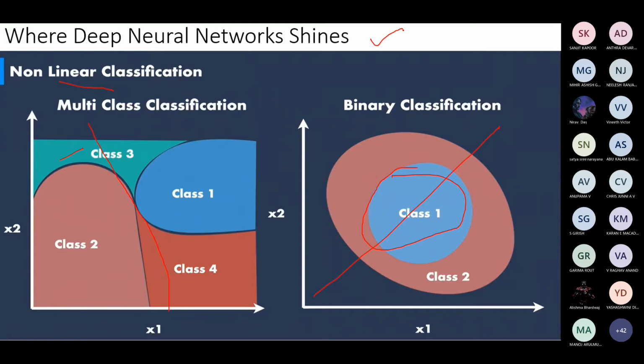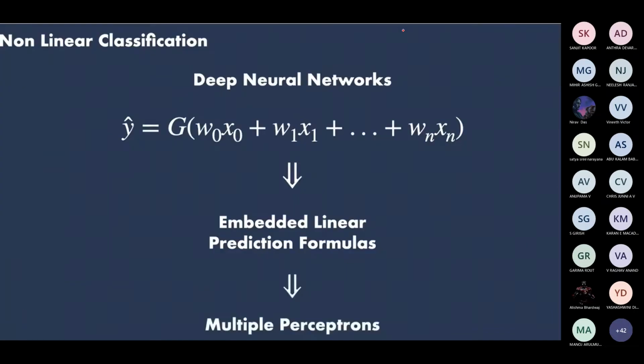This is where the multi-layer perceptron comes in. So how does it work? We use this particular function of a single layer perceptron and embed linear layer prediction formulas. You combine multiple linear layer prediction formulas like this.